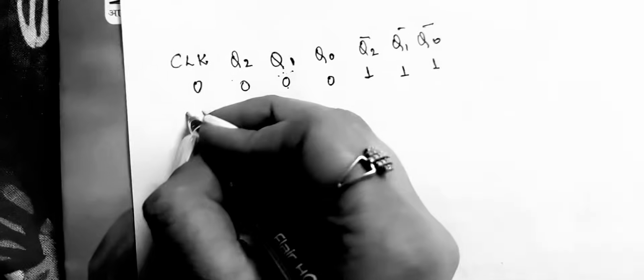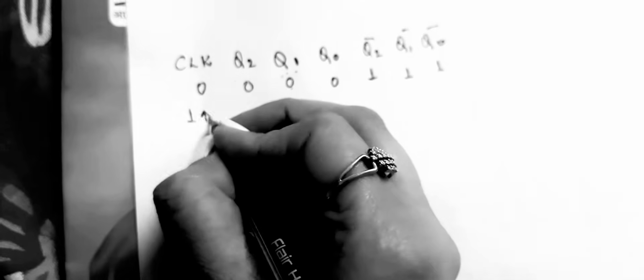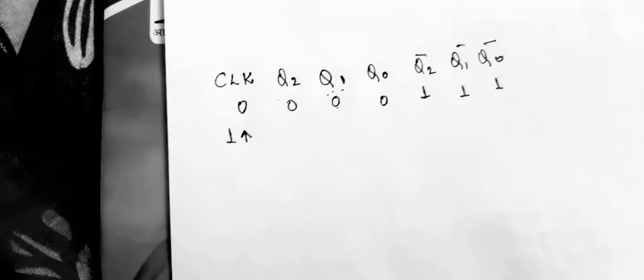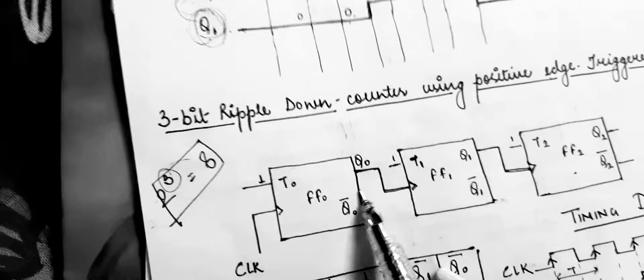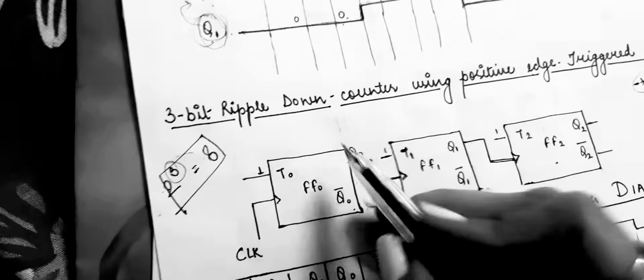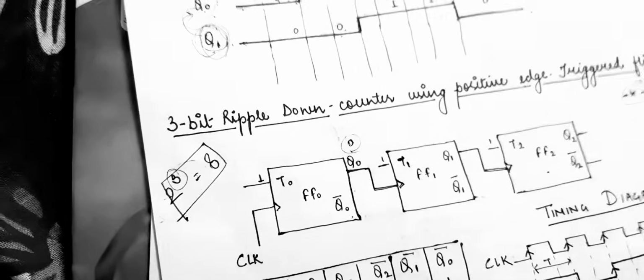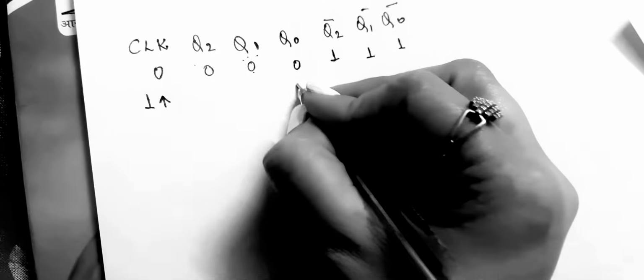Now if we apply a positive pulse, because we want positive edge trigger, at flip-flop 0, what was our previous output? 0. It will get the complement of it, so Q0 bar will be 0, then Q0 is 1. Now at the second flip-flop, see the transition.